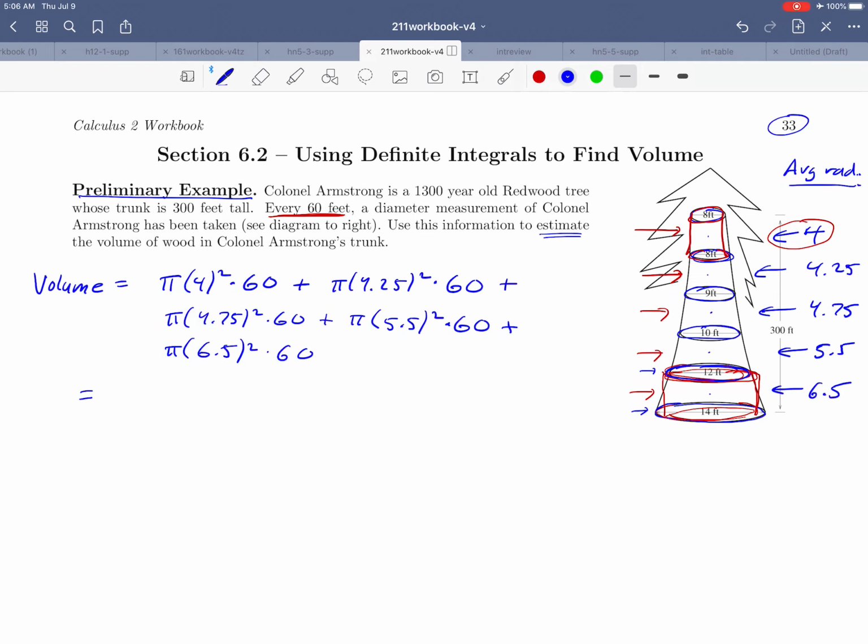We would like to calculate this. Just to save a little bit of writing, you might notice that in every single one of these terms, we've got a pi and a 60. So we could factor the pi times 60 out and just add up the squares of the radii.